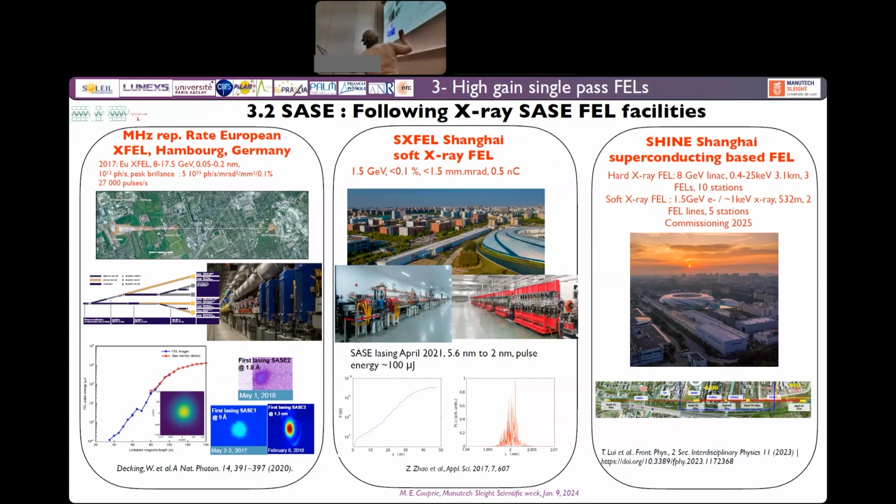In China, they are developing a new FEL, first in soft X-ray, which is already lasing, and then with a superconducting linear accelerator that is expected to be commissioned within 2 years. So you see the ring and then this big FEL at high repetition rate.